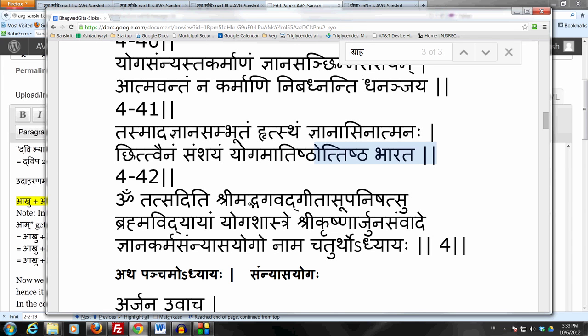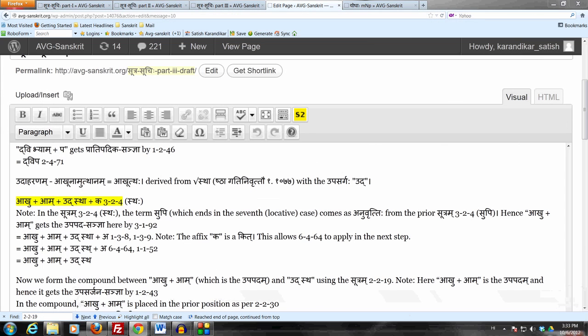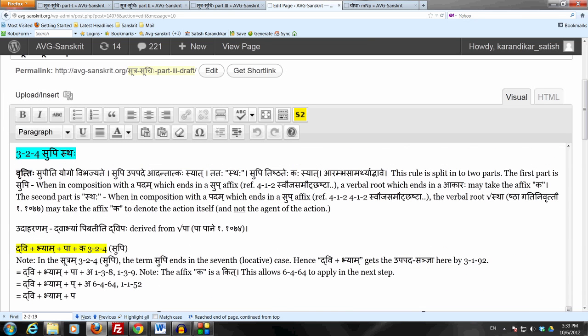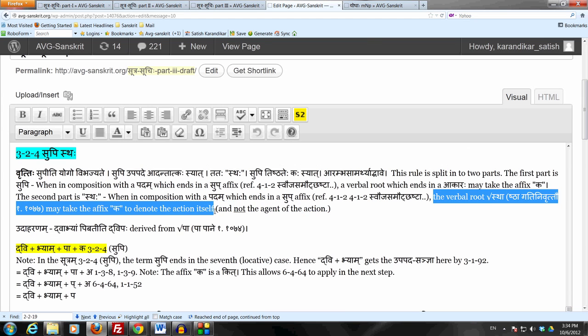Now, as you've already seen, this doesn't denote the doer of the action. This is not kartari krit. So the purpose of this second sutram stha is that we may use this affix ka following the verbal root stha to denote just the action itself and not the agent, because in the case of the agent, the prior rule supi will cover those cases.